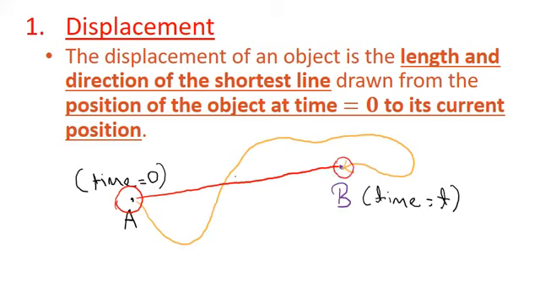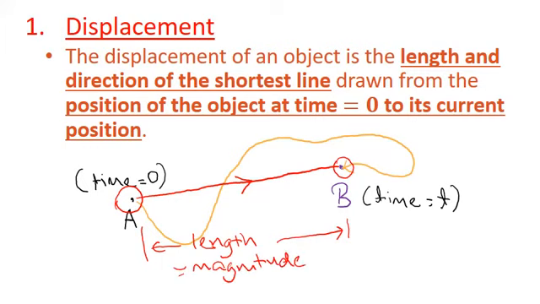I need to give a direction which indicates the direction of motion, that is from A to B. And then if I were able to calculate the length of this line, this length gives me the magnitude of displacement.